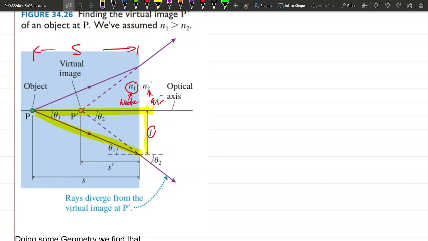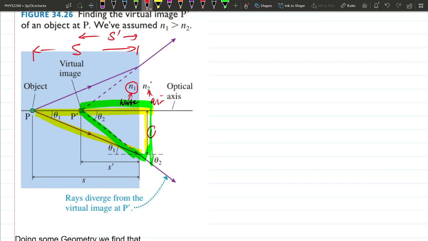Where the object actually appears to you, I'm going to draw that with my green triangle. They're offset from each other just so you can see both triangles. The length of this triangle, I'm going to call that S prime.